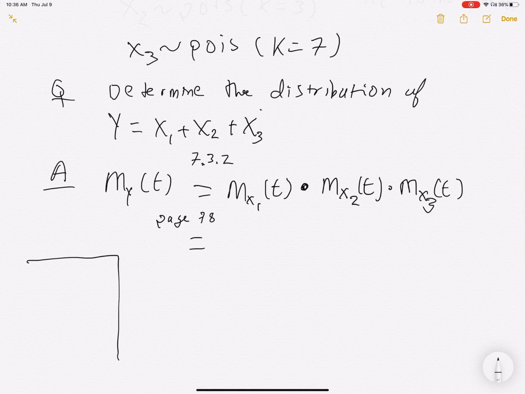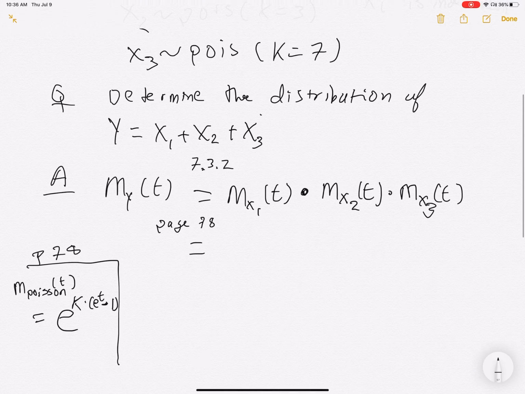So right over here, I'll just do page 78. Moment generating function of a Poisson has this form: e to the k times (e to the t minus 1).